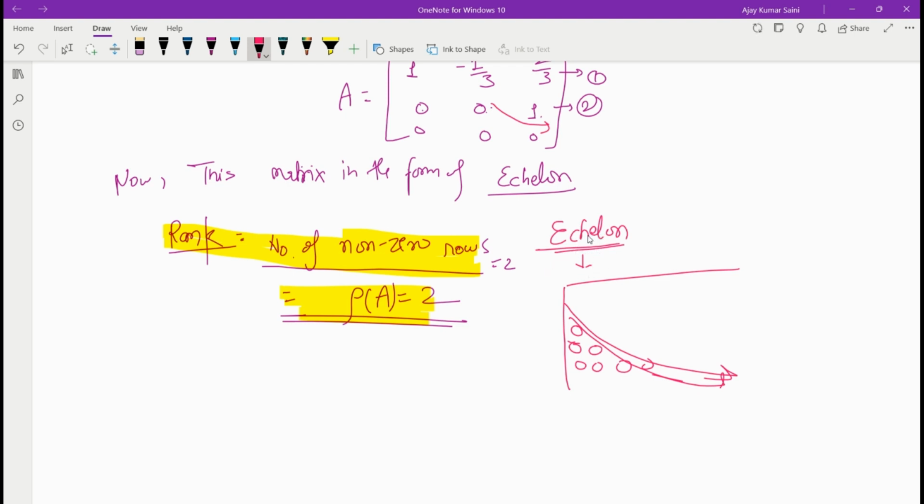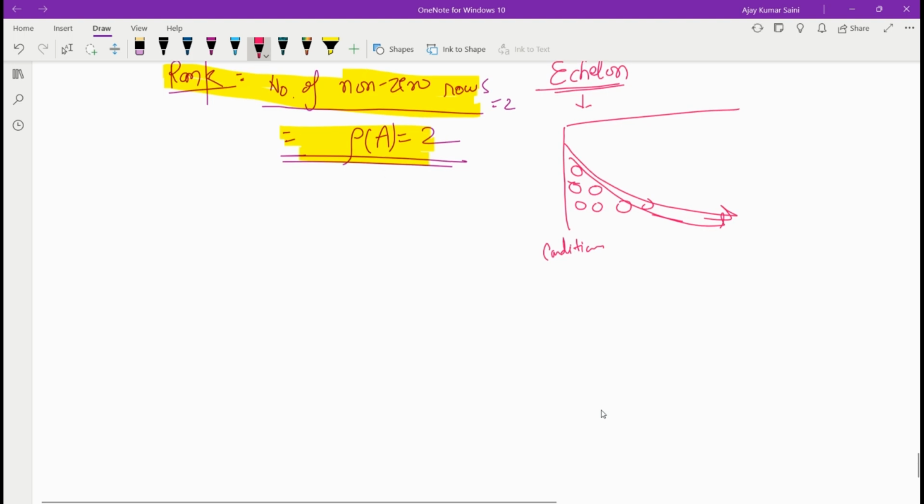A matrix is said to be in echelon form if there are some conditions. If the first non-zero element in each row is 1. The first non-zero element in each row is 1.